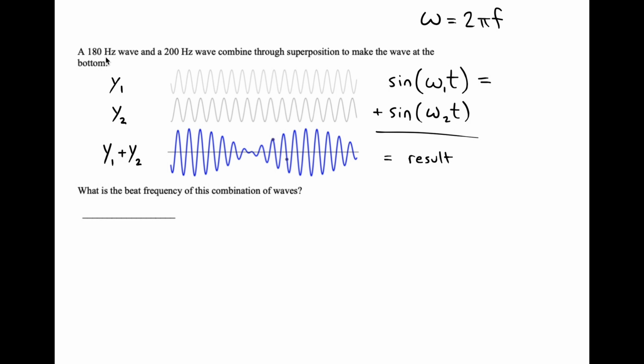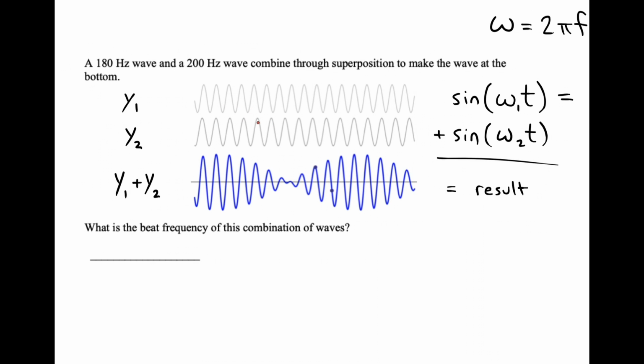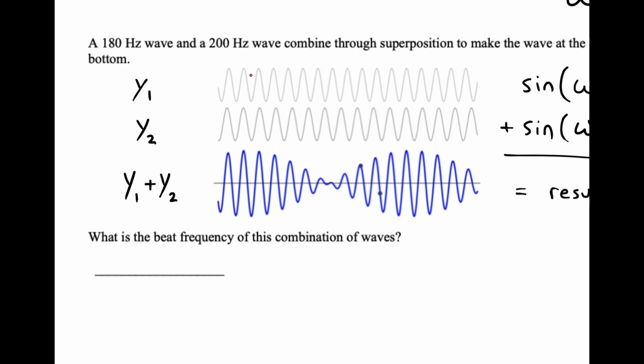We know the frequency of one of the waves is 180 hertz, and the other wave has a frequency of 200 hertz. If I look at the crests of the waves, it looks like the top wave is actually the higher frequency wave. The reason I'm saying that is we see here that the peaks are pretty much lined up vertically. But as we go forward, we see that the top wave completes its cycles just a little bit faster than the bottom wave does.